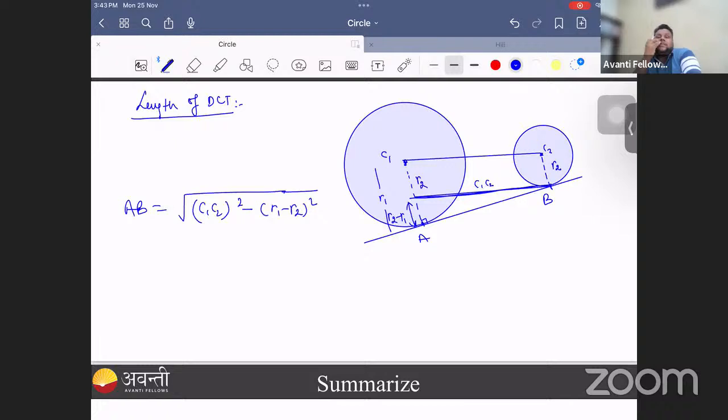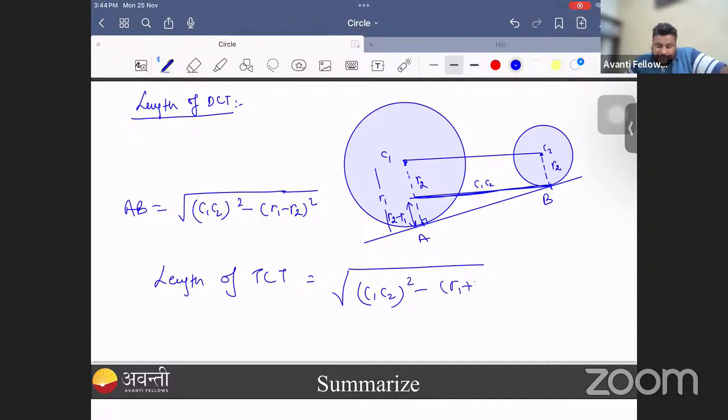This is the formula for the length of a direct common tangent. All right. And similarly, the length of a transverse common tangent, if you figure out, will be under root of C1C2 whole square minus R1 plus R2 whole square. Got it? Have a look.